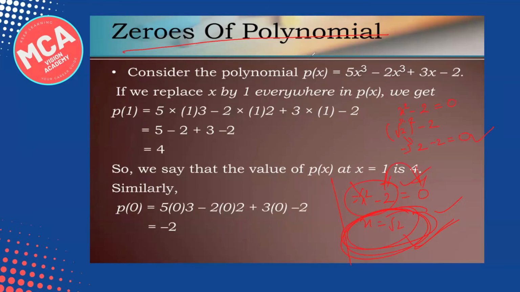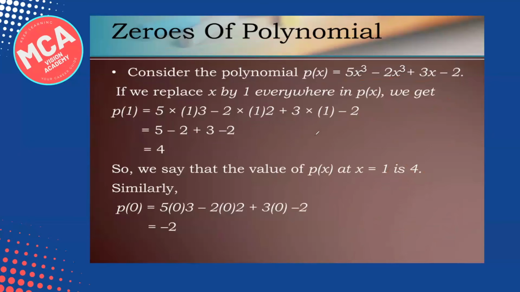Suppose the polynomial is 5x cube minus 2x cube plus 3x minus 2. Before I start with zeros of polynomials, try to figure out how to substitute the values.